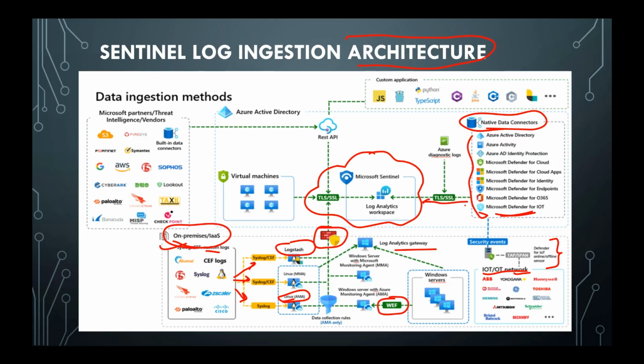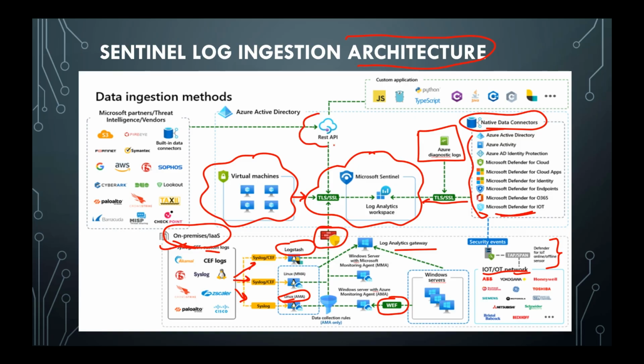Sentinel within a few clicks. Azure Diagnostic Logs, you can just go and configure a policy for it. Virtual machine, so if it is an Azure virtual machine, then it will be in the same cloud, and you can just go and enable the setting. So it will start sending logs to Sentinel.